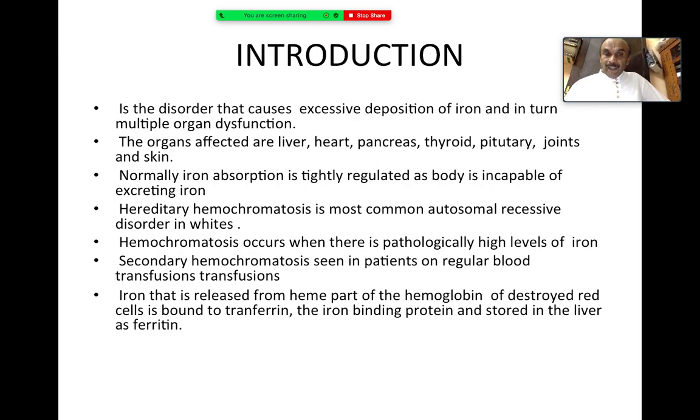Well, the iron that is released from the heme part of the hemoglobin is carried to the liver, whereas that released from the, say, that is absorbed through the intestines, is taken to the reticuloendothelial cells.